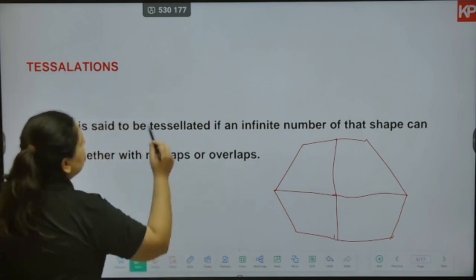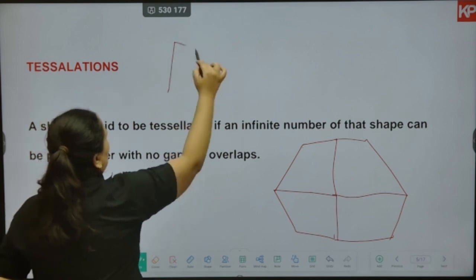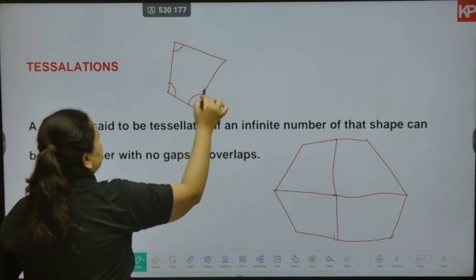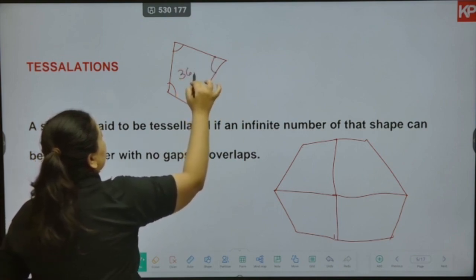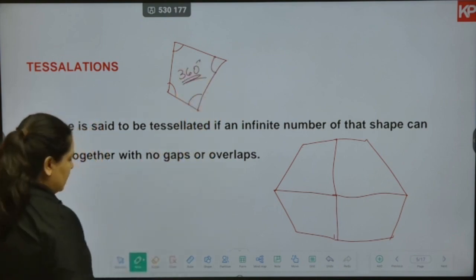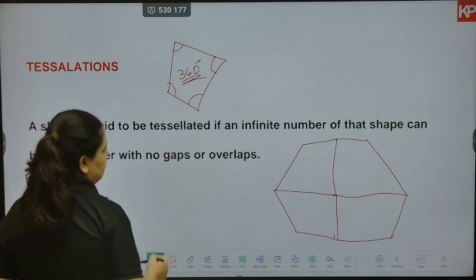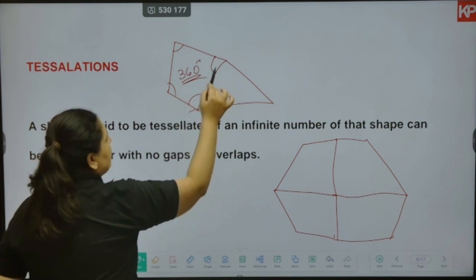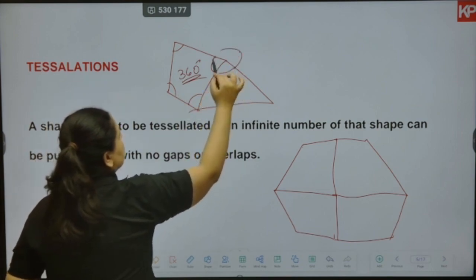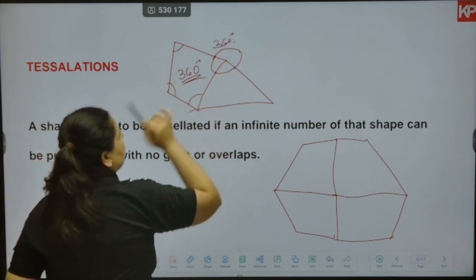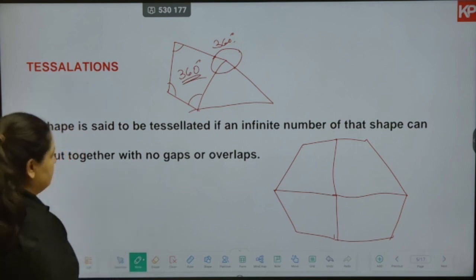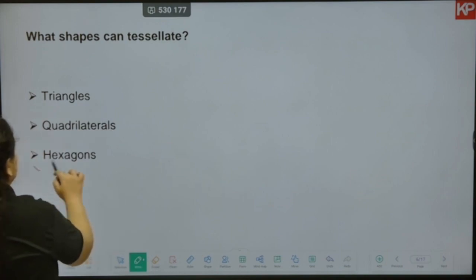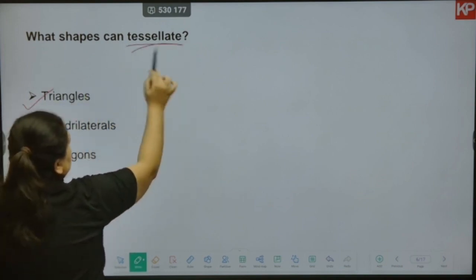But you must know that for any quadrilateral, if we add its internal angles, they always add up to 360 degrees. So that is how we can say that it is going to tessellate. No matter what the next angle here comes as, it is going to add up to 360 degrees. So triangles, quadrilaterals and hexagons will always tessellate.